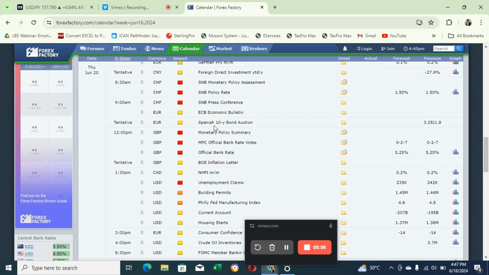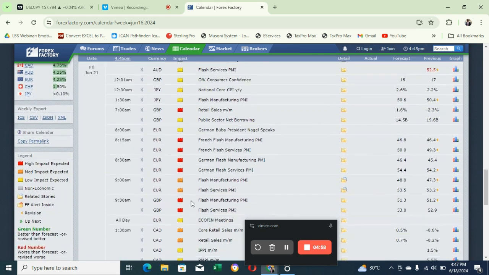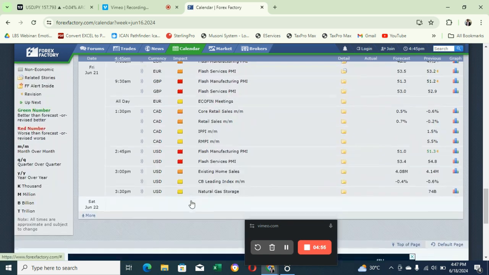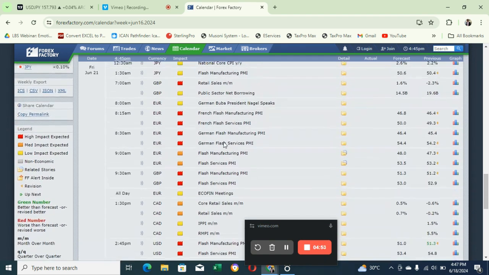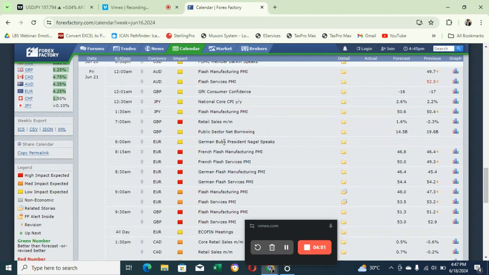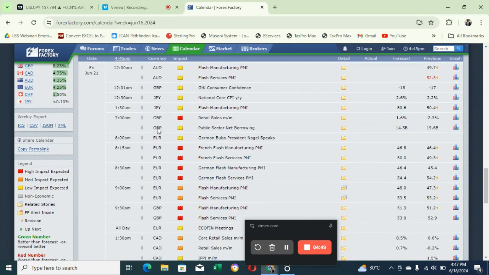On Thursday again, we have another high impact news. And likewise on Friday there's going to be a jamboree of news coming out. These are the news that are going to come out on Friday this week.